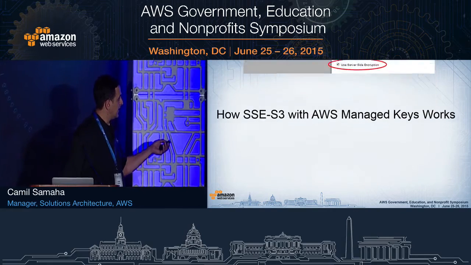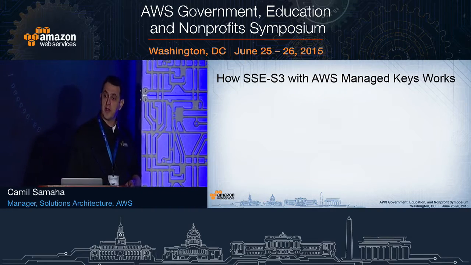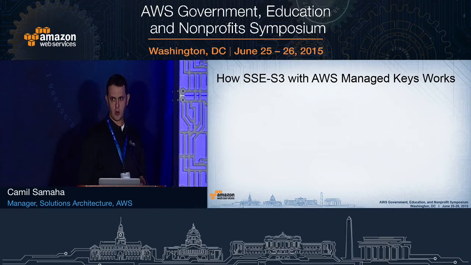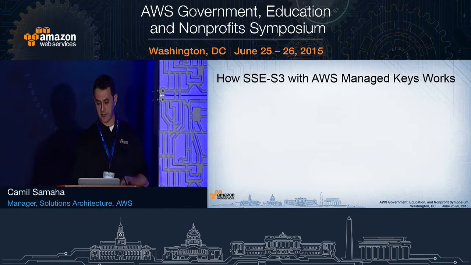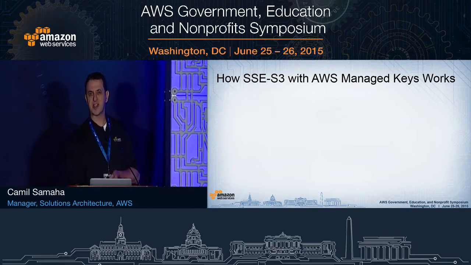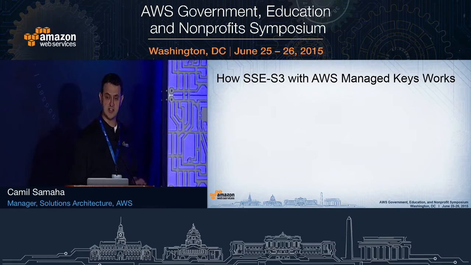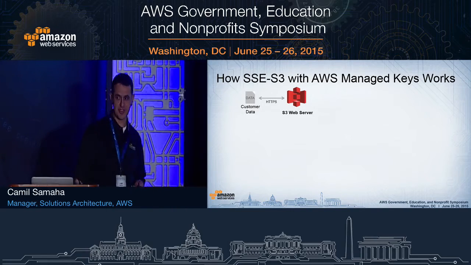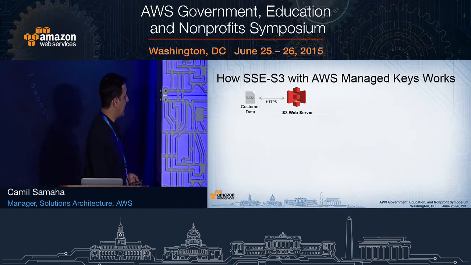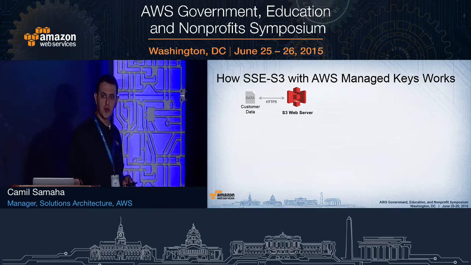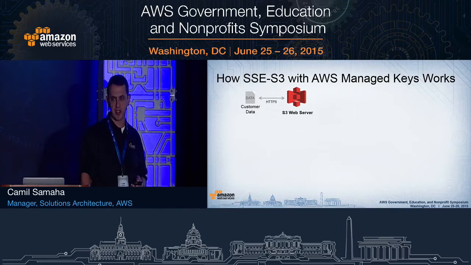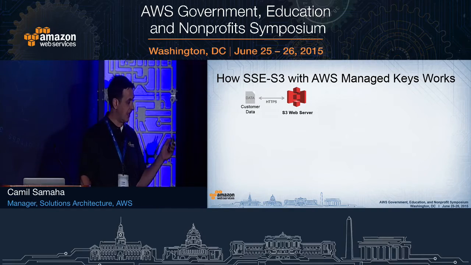Now with S3, you do have two options with server-side encryption. One is you encrypt your data using AWS Managed Keys, and I'm going to talk a little bit about how that works. You pass your data along to the S3 service using a secure connection with HTTPS.